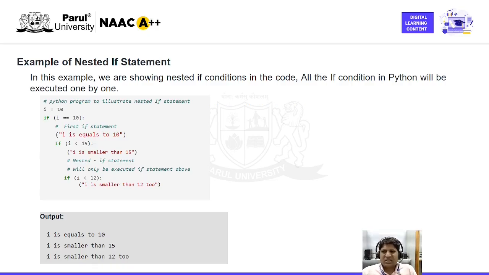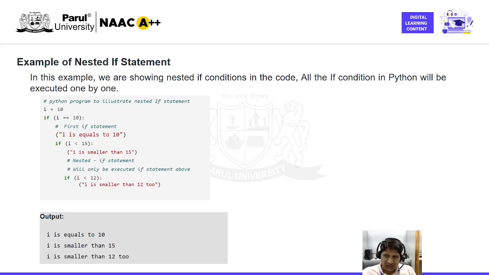For example, I is 10. If the value of I is equal to 10, first I is equal to 10. Then if I is less than 15, and if I is less than 12. It means all three statements are executed, because I is equal to 10, I is less than 15, and I is less than 12.